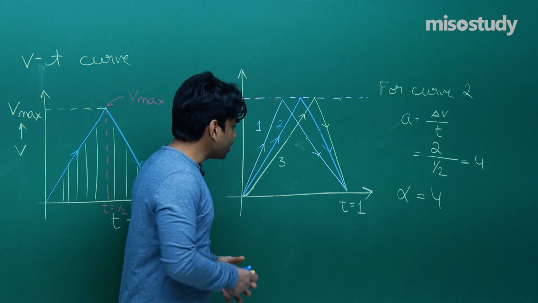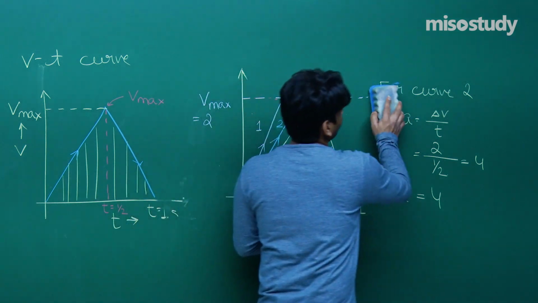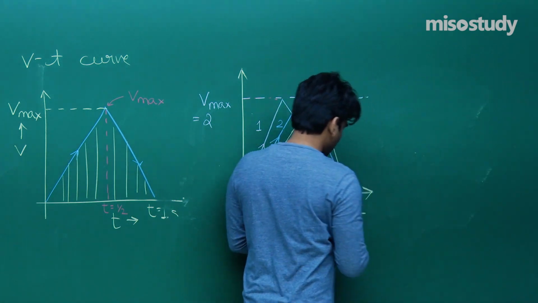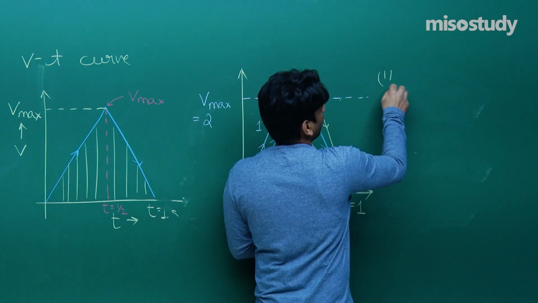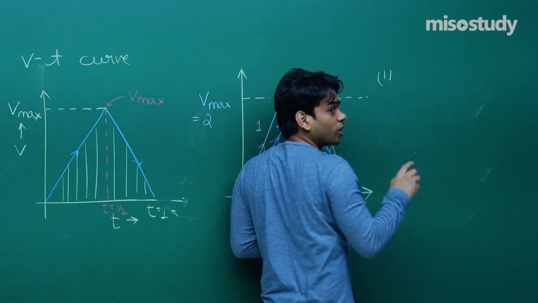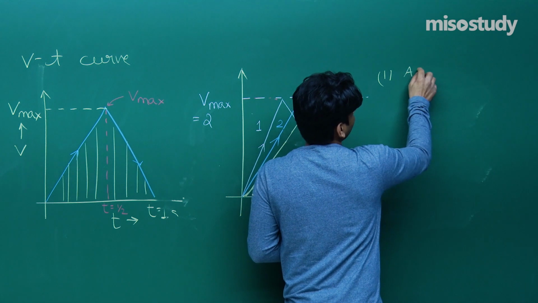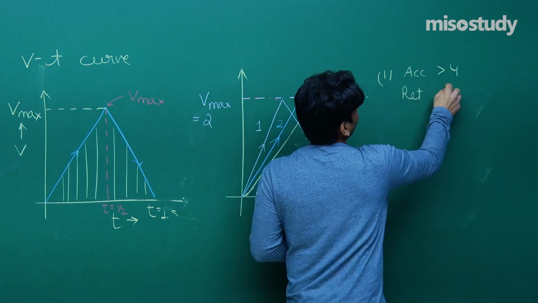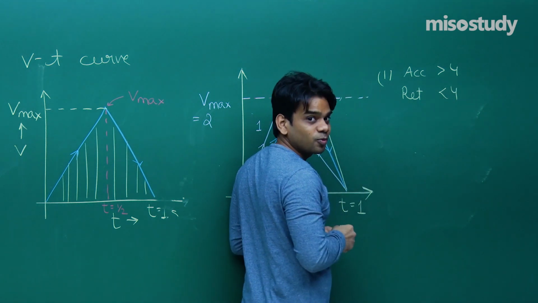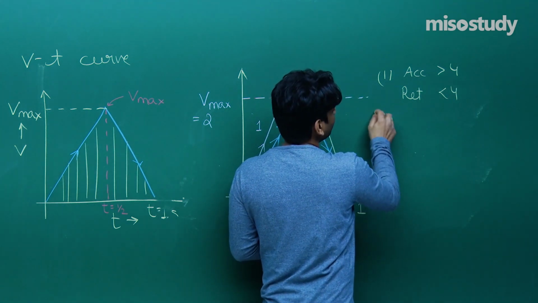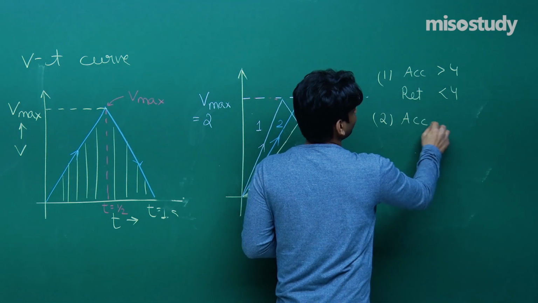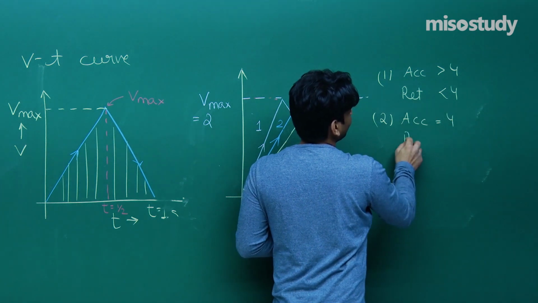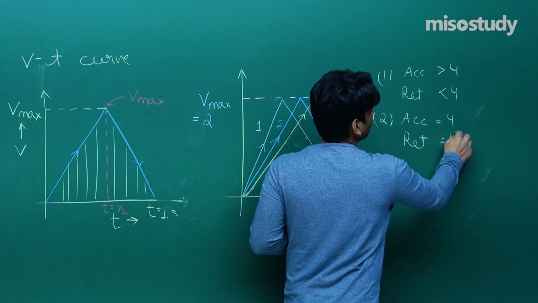So if I talk about each kind of possibility that we are having, I am going to show you all here. For curve number 1, alpha for acceleration will be greater than 4 and retardation will be less than 4. This is the possibility for curve number 1. For curve number 2, acceleration is equal to 4 and retardation is also equal to 4.